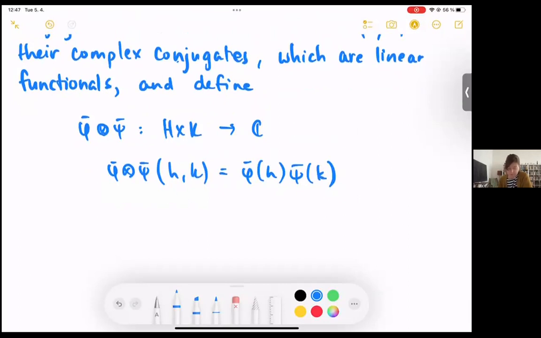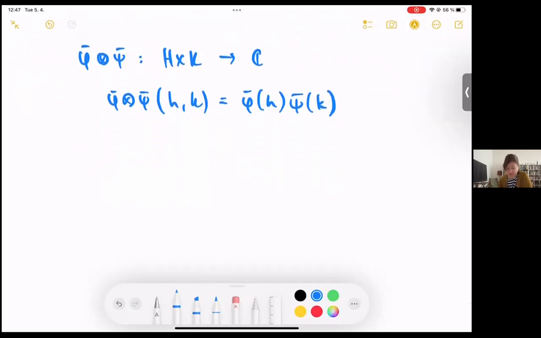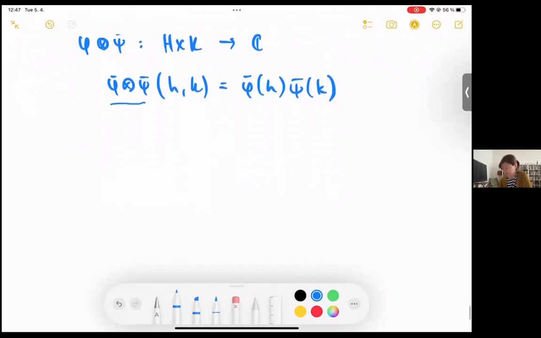Since phi bar and psi bar are linear, and multiplication is bilinear, we get that this map here is a bilinear map.